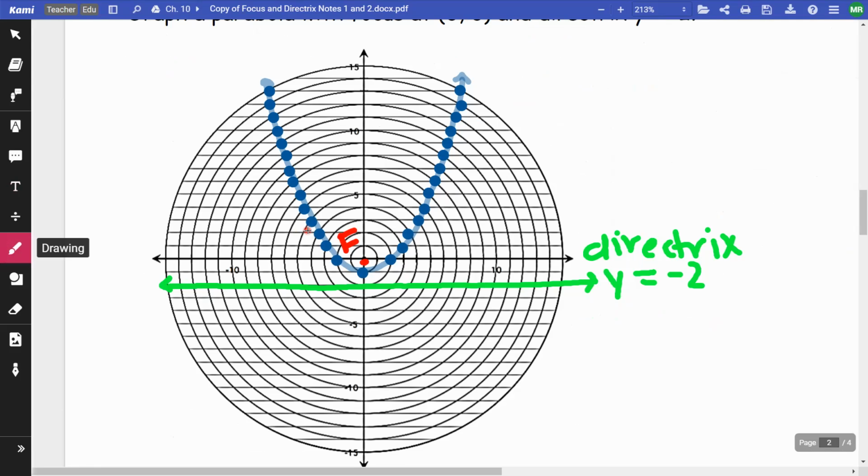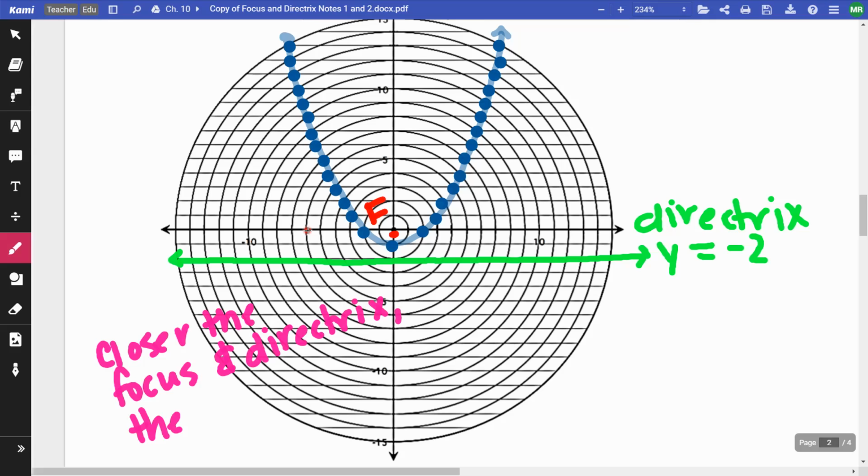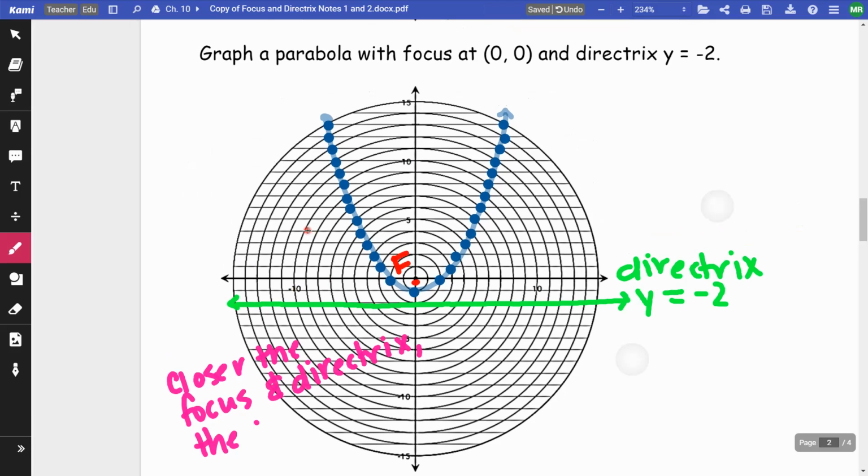So the closer the focus and directrix are, the narrower the parabola. Here, this one, they were closer.